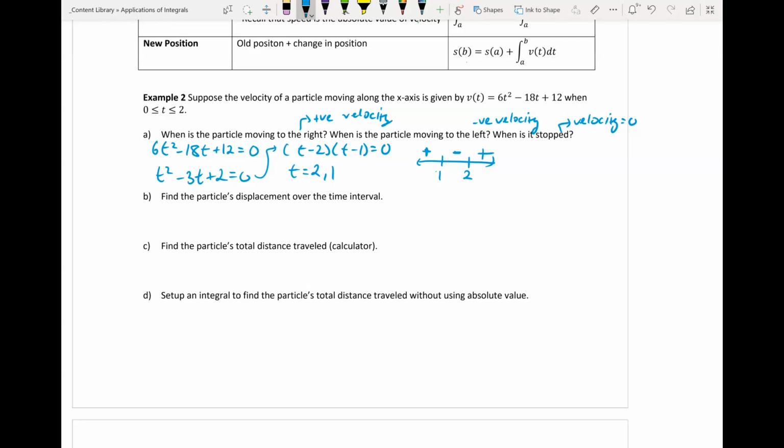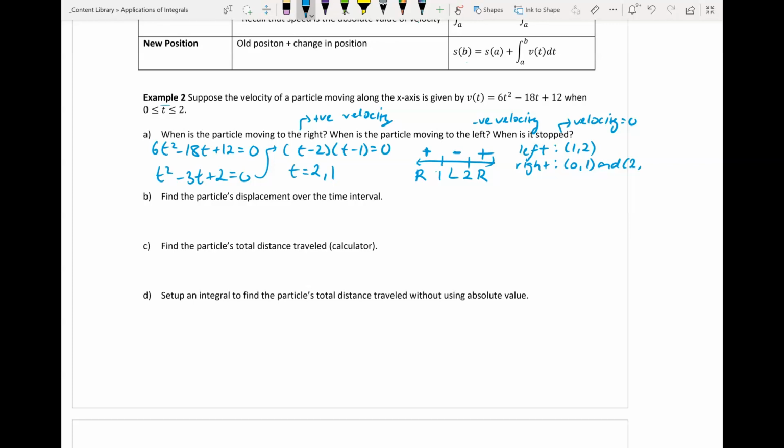So this means between 0 and 1, I'm moving to the right, between 1 and 2, moving to the left, and then from 2 on, I'm moving to the right. So we're moving to the left between 1 and 2, and to the right between 0 and 1, and 2 and on.